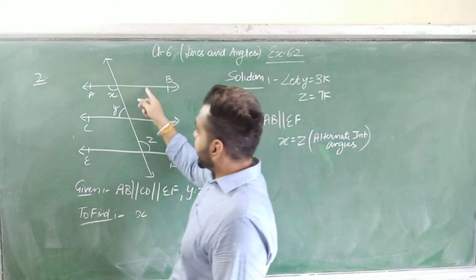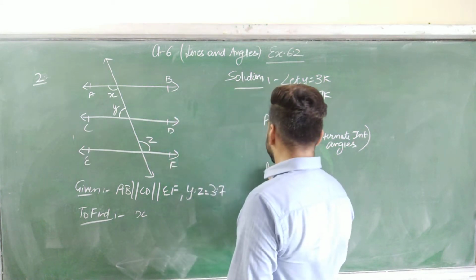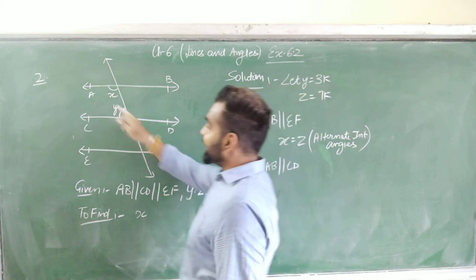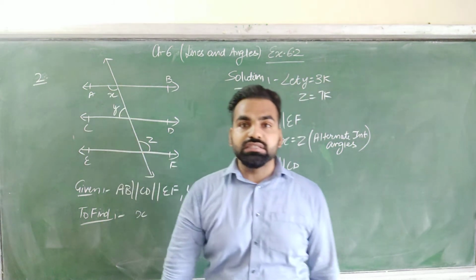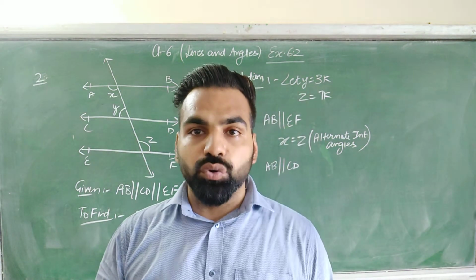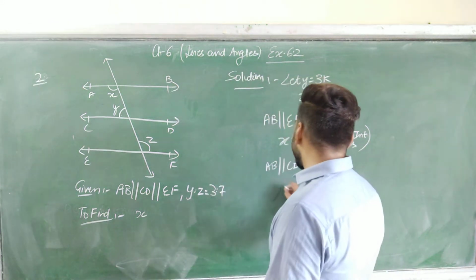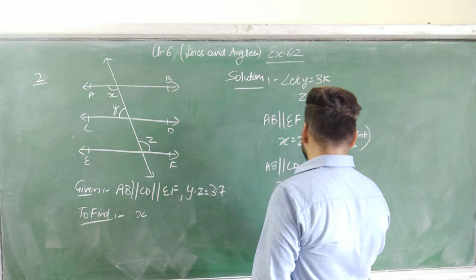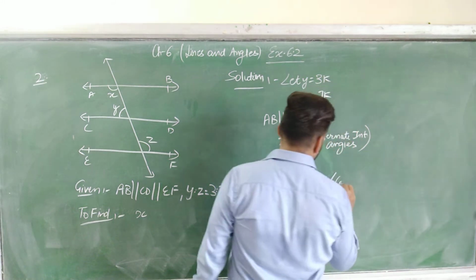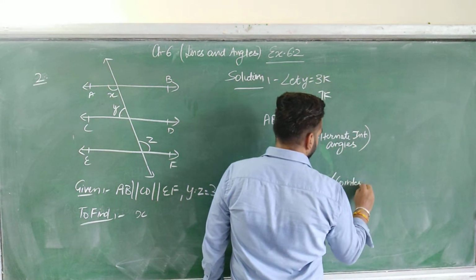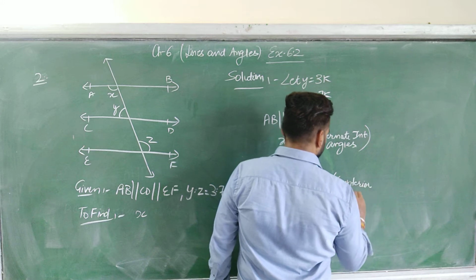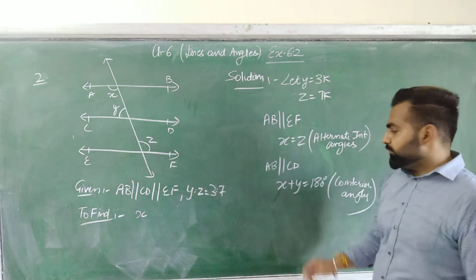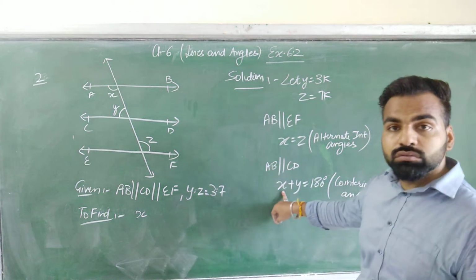Now we know that AB is parallel to CD. So x and y are angles on the same side of the transversal, that is co-interior angles. So the sum of x and y will be 180. Clear? And we know that x is equal to z.